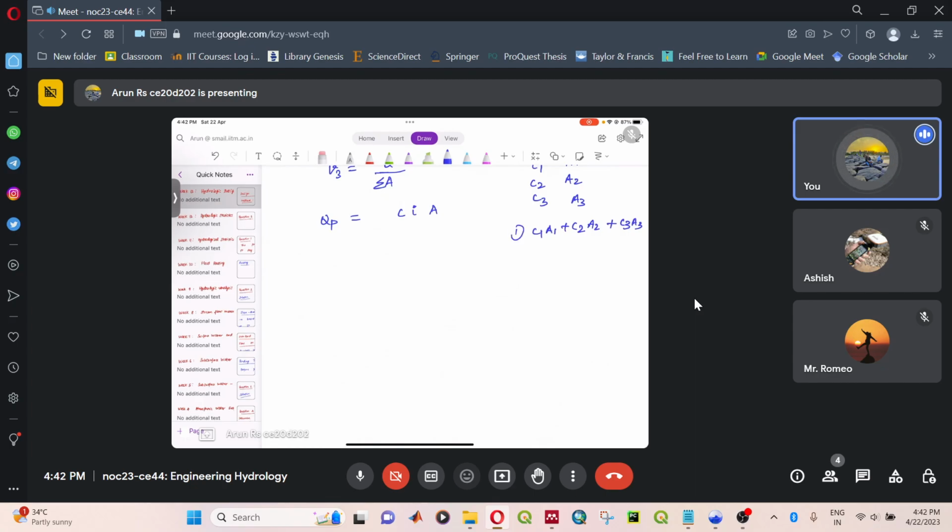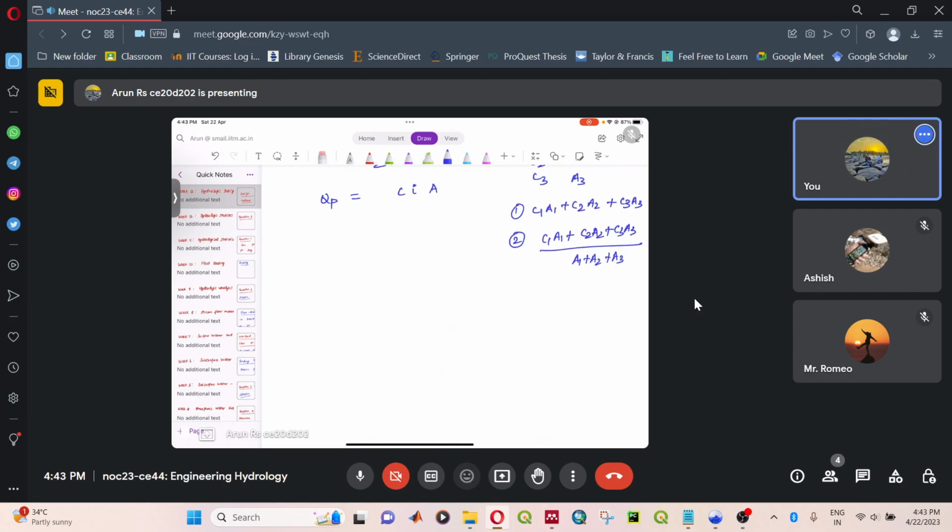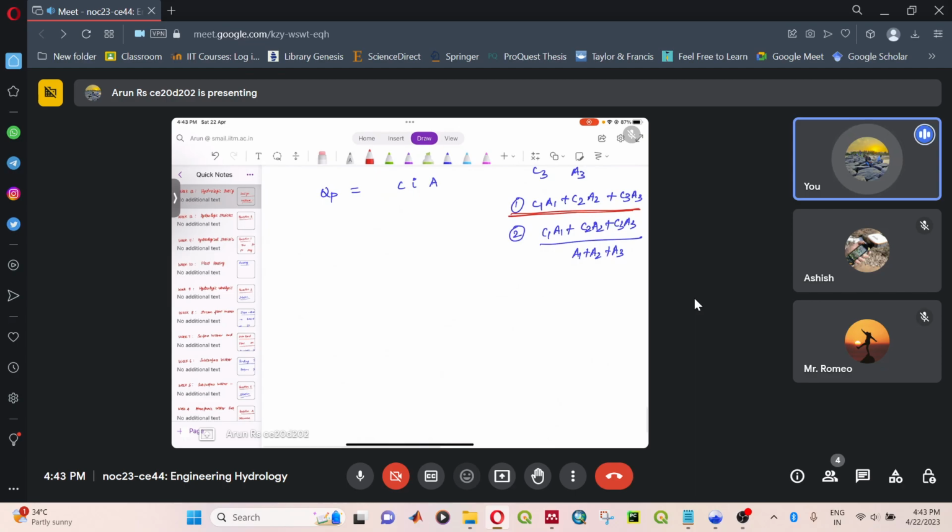So this is option 1, and your second option is C1A1 plus C2A2 plus C3A3 divided by A1 plus A2 plus A3. The answer will differ a little bit, but not much. So it's better if you use this particular approach. So everything will be as per the field conditions. And here you can take care of the units also.